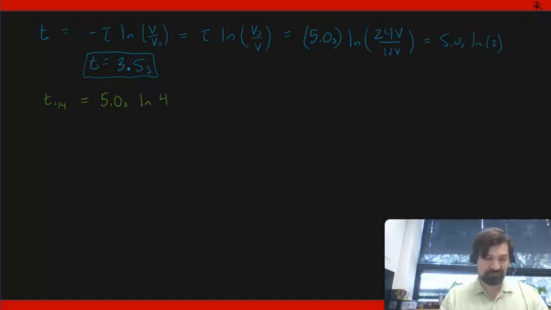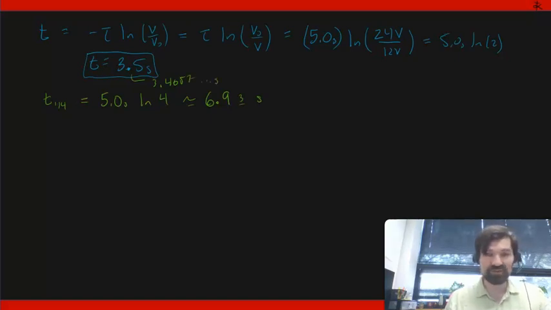And so that actually should be double the previous answer. So what we get is about 6.93. The other one was 3.465. Here we are, 6.93. So this one was 3.4657 seconds. This is 6.9314 seconds.